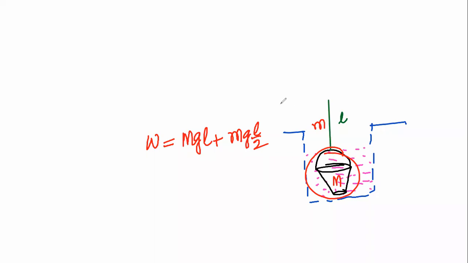That's why W is equal to MgL plus mgL divided by 2. Sorry, one is the capital M, the other one is the small m. Clearly, we have to show the difference. Mass of the bucket is capital M into gL plus mass of the rope, small m, into gL by 2.